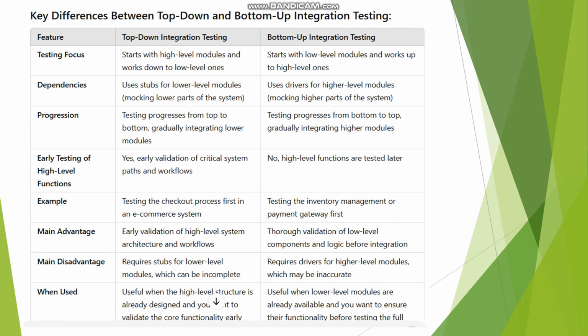Now the key differences between top down and bottom up. Testing focus: top down starts with high level modules and works down to low level ones, whereas bottom up integration testing starts with low level modules and works up to high level ones. Dependencies: top down uses stubs, and bottom up uses drivers.